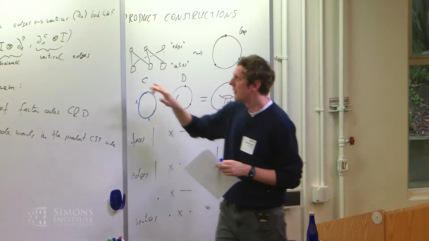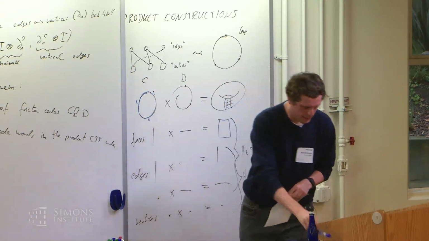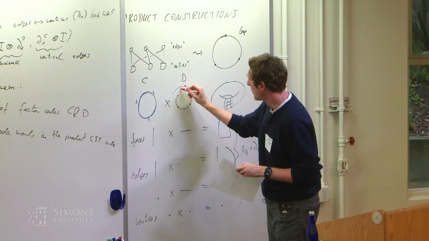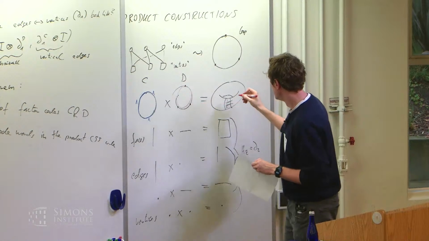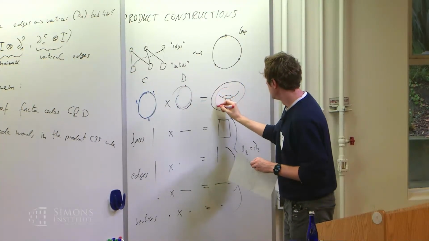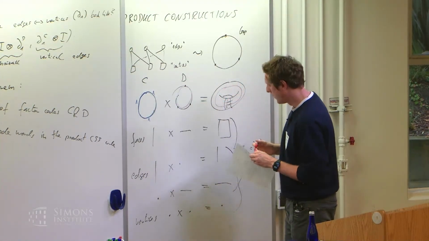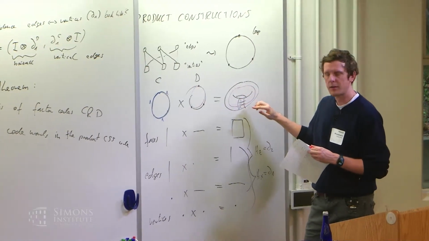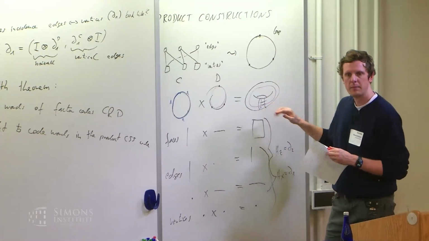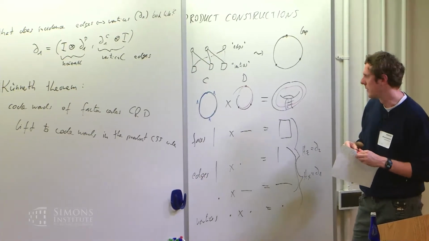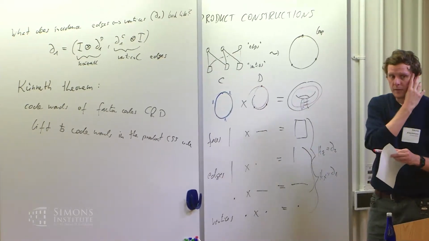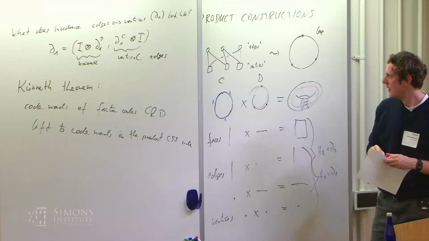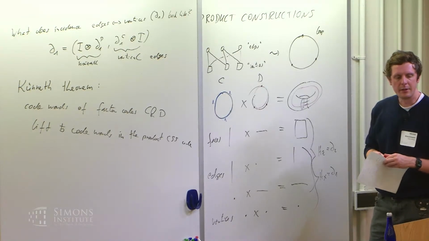Similarly on this one. If I take the code word on the horizontal edges, then I can lift this into a code word here. These are my two code words that I have in my toric code, and these are exactly the two non-contractible loops that I have in my toric code. Any questions?